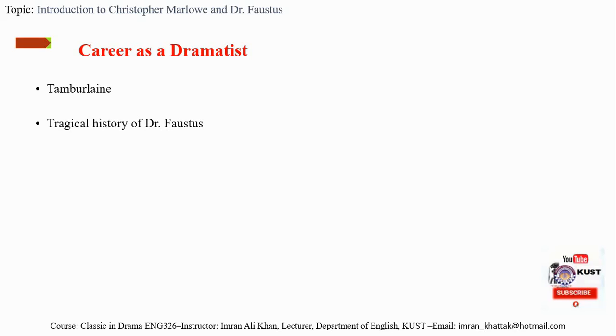Then we have Edward II. Edward II is an undisputed masterpiece of Marlowe, in which he touches his highest point of excellence. It is a historical and political play anticipating Richard II.